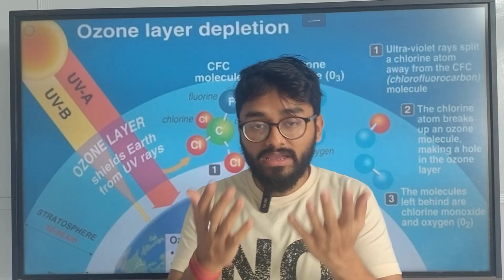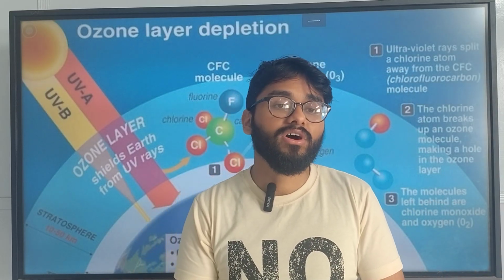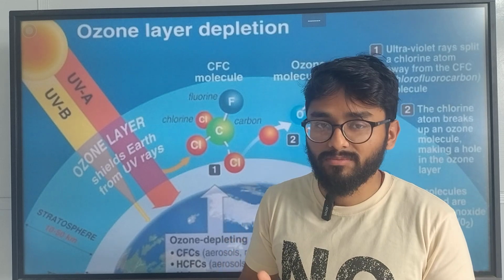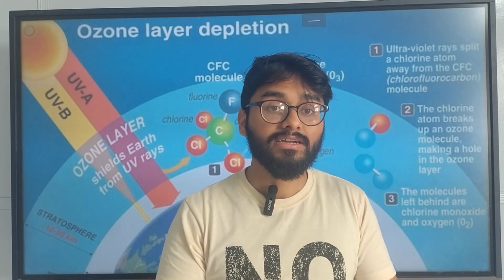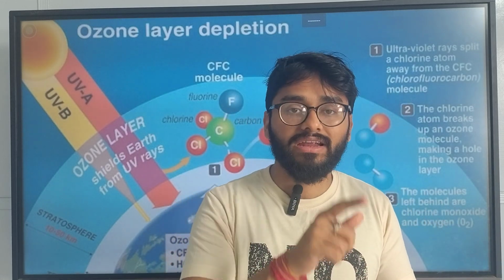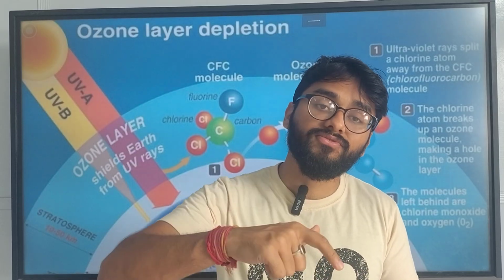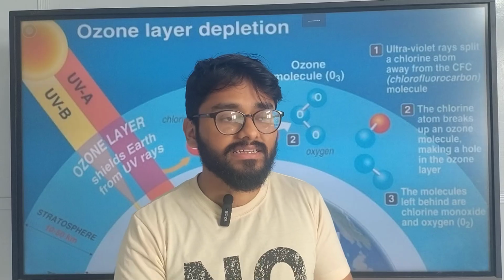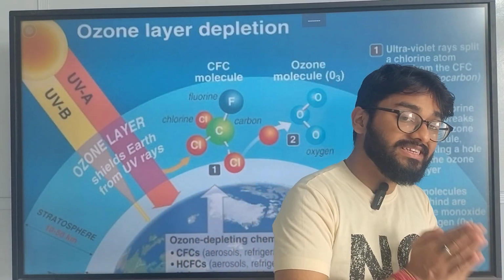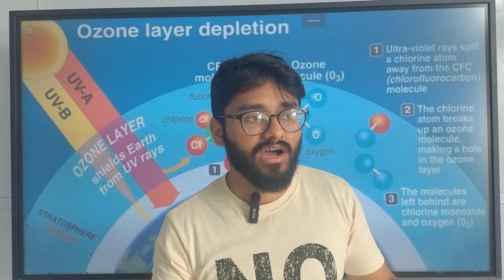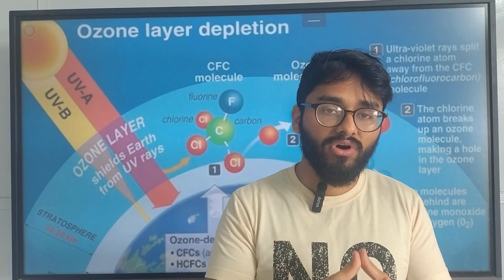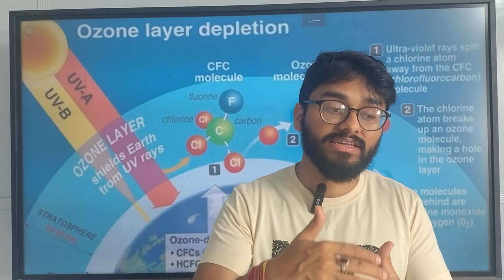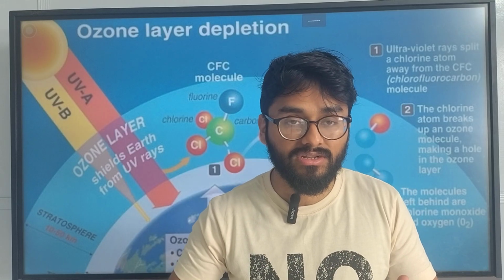Now, why is this necessary, you might ask? Why is this ozone layer important for us? Because this is the part that is going to reflect both your infrared radiations and ultraviolet radiations outside. It is the part that keeps our planet warm when there is no sun, by reflecting back the infrared radiation.